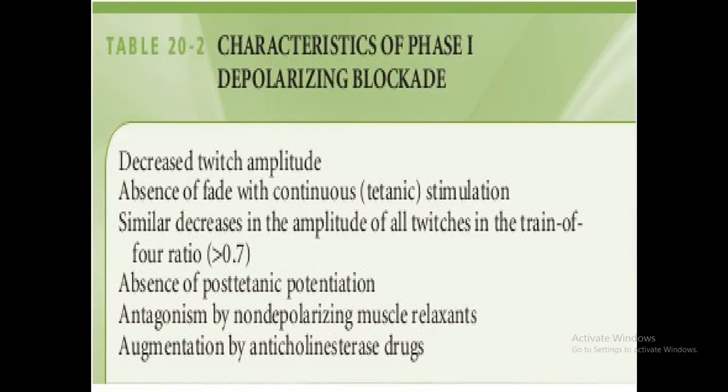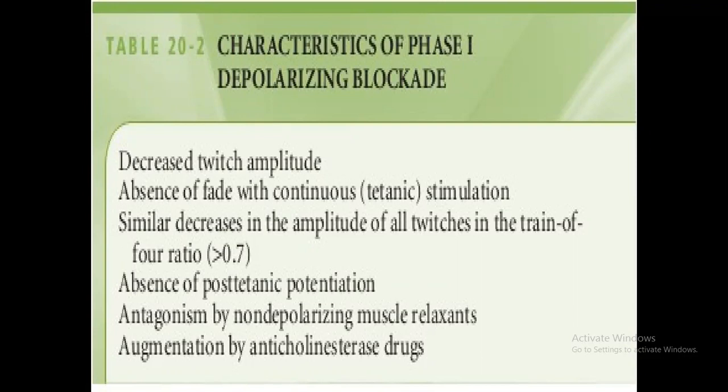Then we have to see whether the muscles are capable enough to breathe, that the intercostal muscles and diaphragm are able to sustain enough tidal volume to survive on their own. That is reversal. That is done by giving an anticholinesterase drug, that is, we give neostigmine to reverse it. Whether adequate reversal has been done or not, we assess using train of 4.